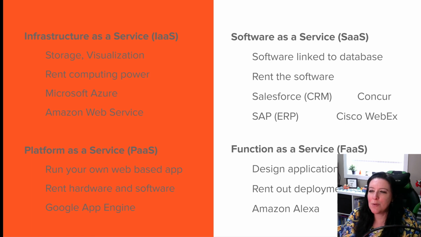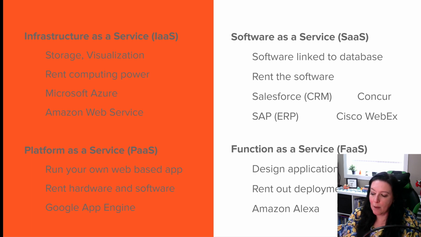The last type in terms of cloud computing is function as a service. And this is where you are designing application logic. And so you're renting out the deployment. So if you think about Amazon Alexa and you want the capability of, for example, asking Amazon Alexa to make some purchases and order for you from Amazon and then have it delivered.